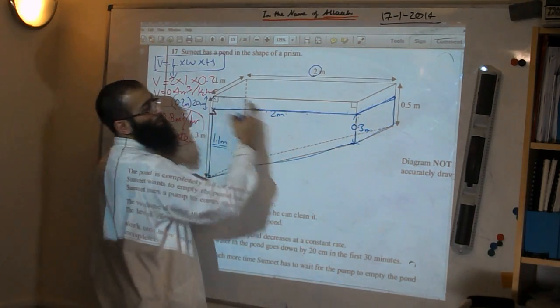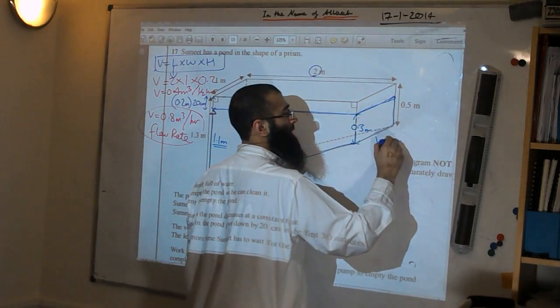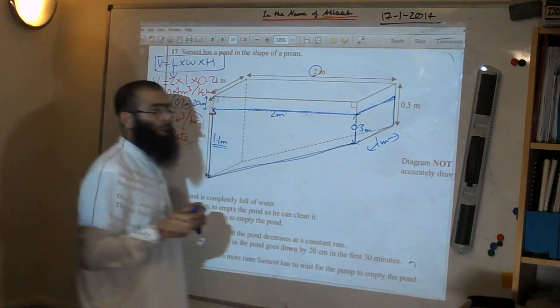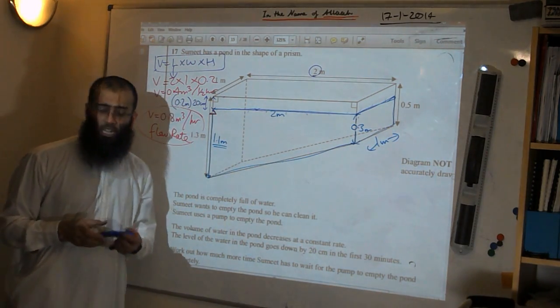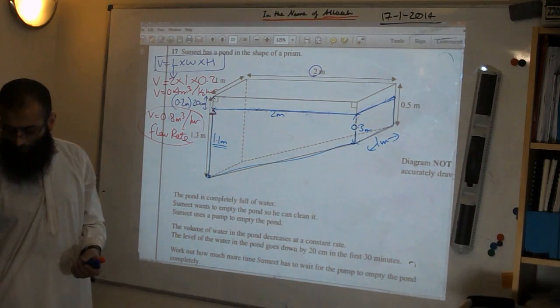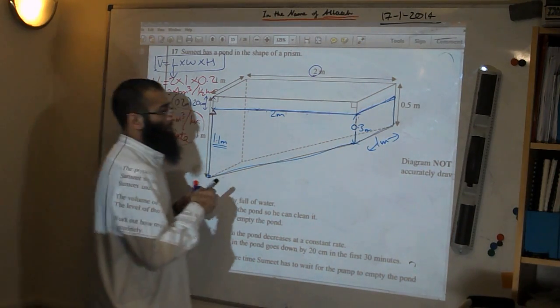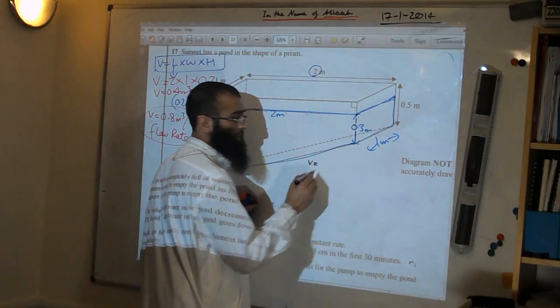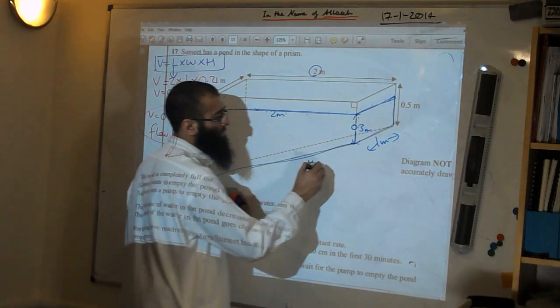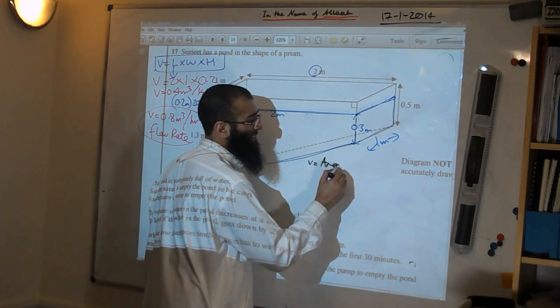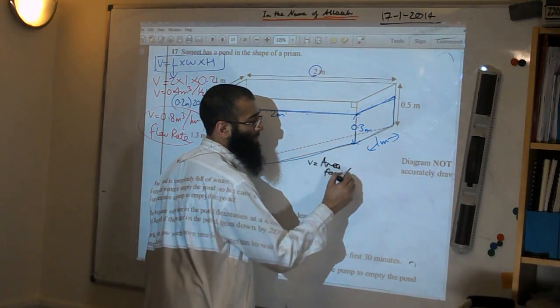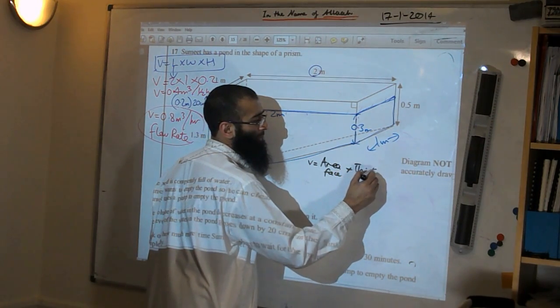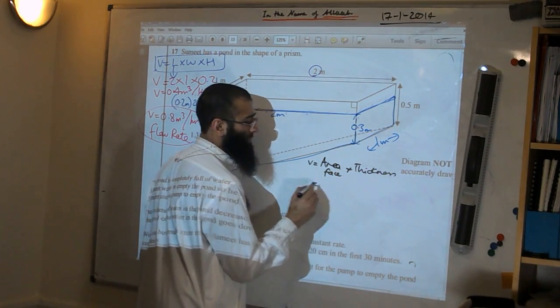The thickness is 1 meter. Now, if you want to work out the volume of a 3D shape, let's start doing some rules for that. So the volume of a prism is equal to the area of the face, I call it, times by the thickness of the shape. That's one way of looking at it.